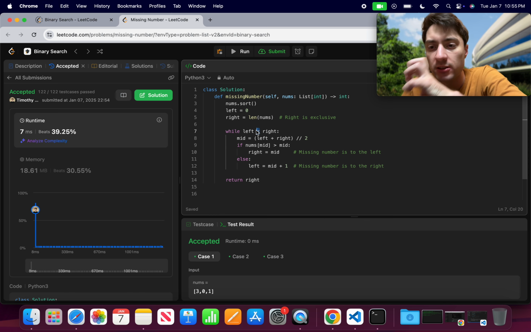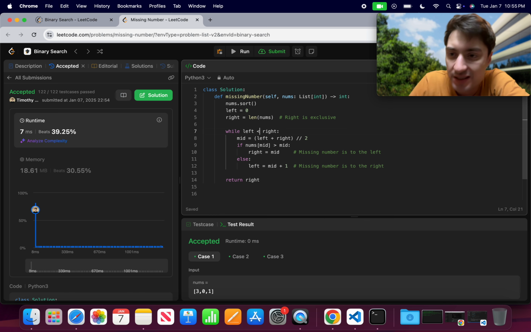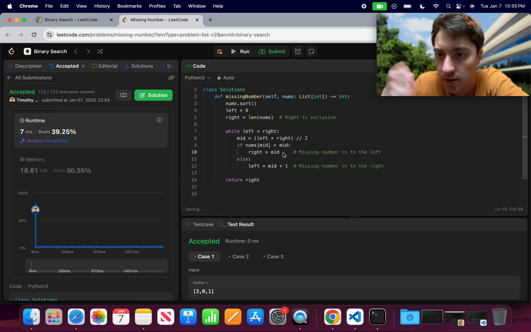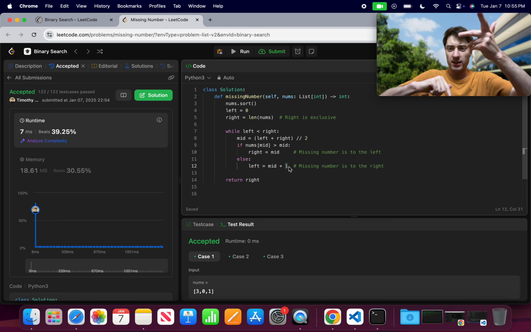In these binary search problems, and this is what I mean, I always get tripped up on all of this. Sometimes this is greater than or equal to, sometimes it's not. Sometimes it is mid inclusive, sometimes it's not. Sometimes one is and the other one isn't.